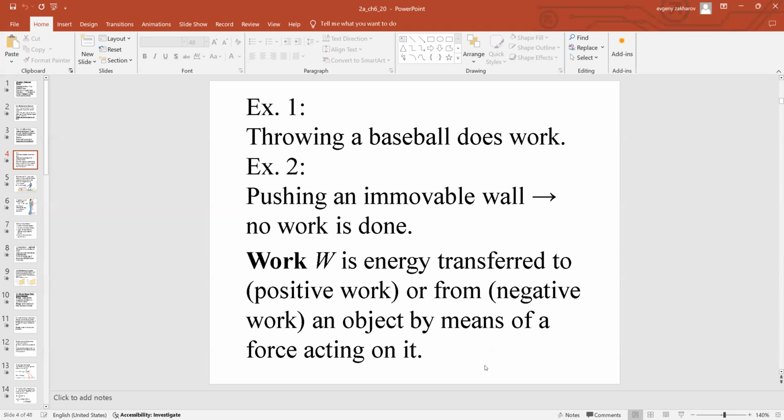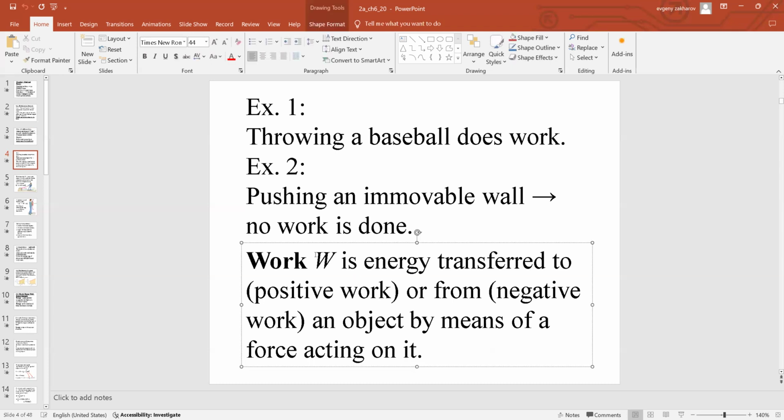Then there is no displacement. There's no displacement for the wall. There is no work done on the wall. So even though you are sweating and you're tired from pushing that wall or, say, a heavy desk, if the desk never moves, no displacement, no work was done on the desk or the wall.